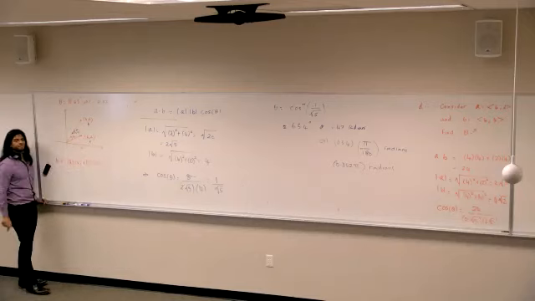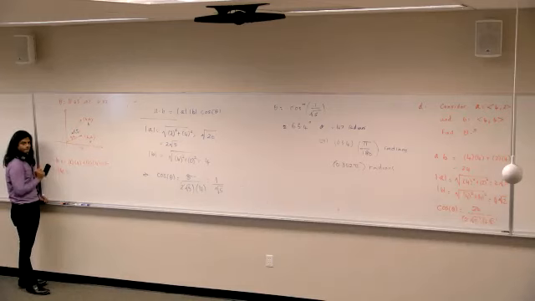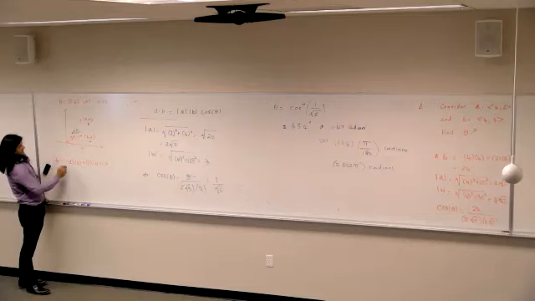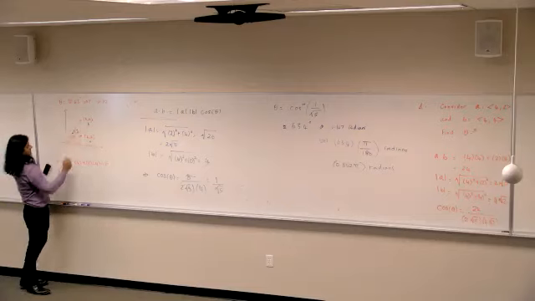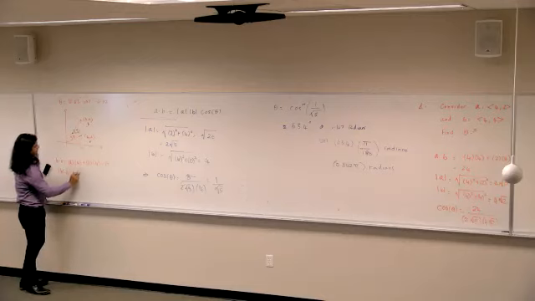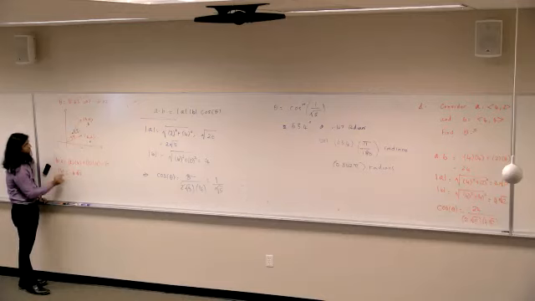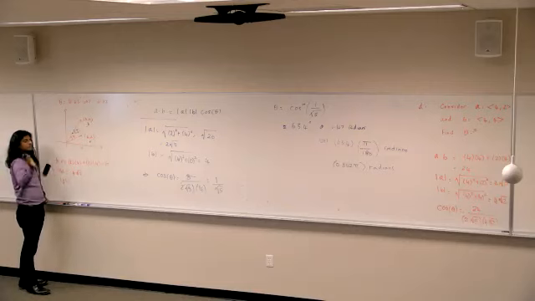What is the magnitude of B? 4 root 2. What is the magnitude of C? Square root of 2 squared plus 2 squared, 2 root 2. Right.